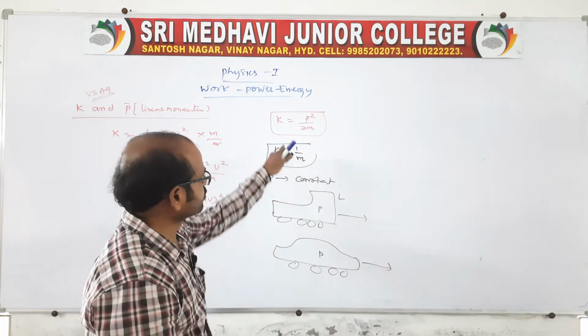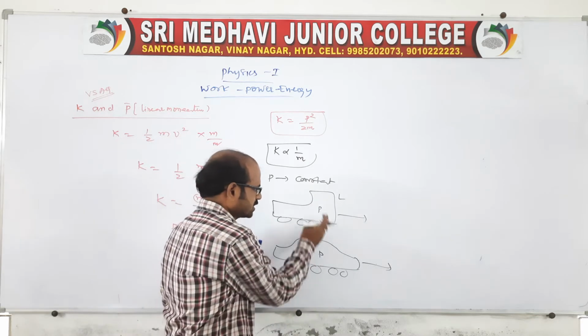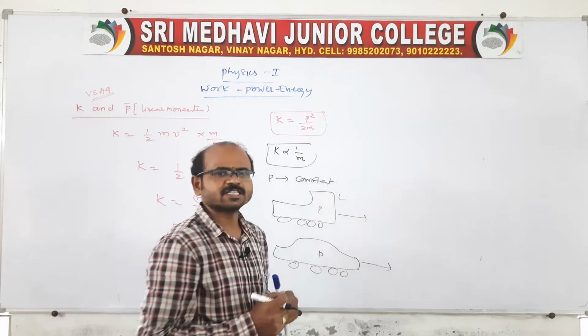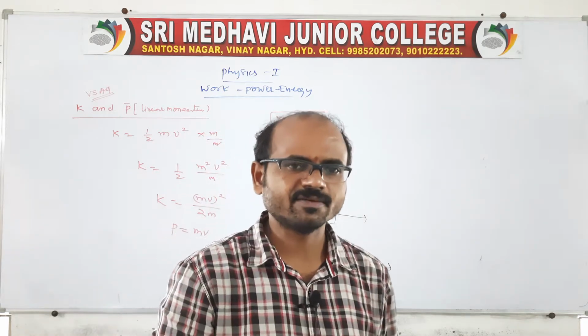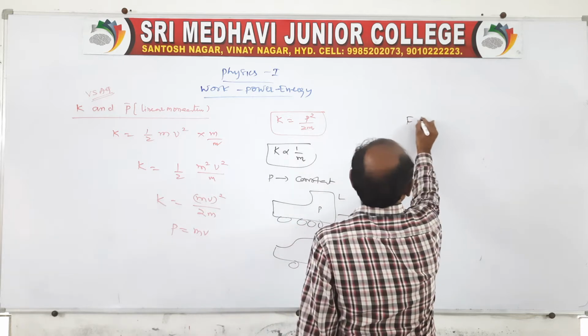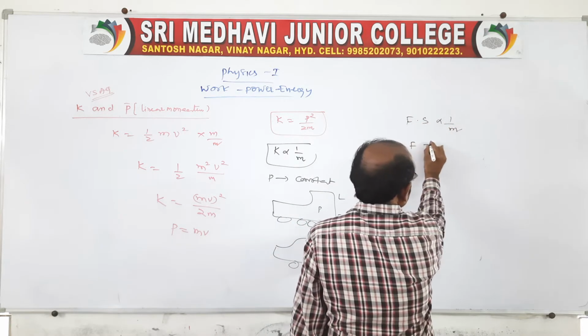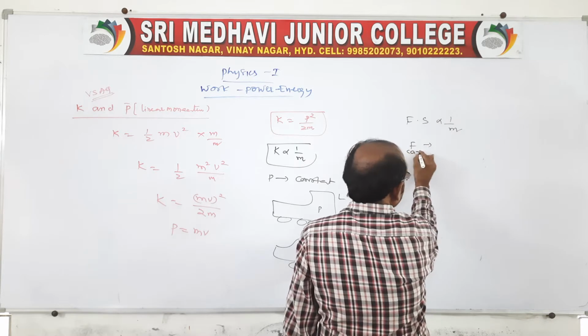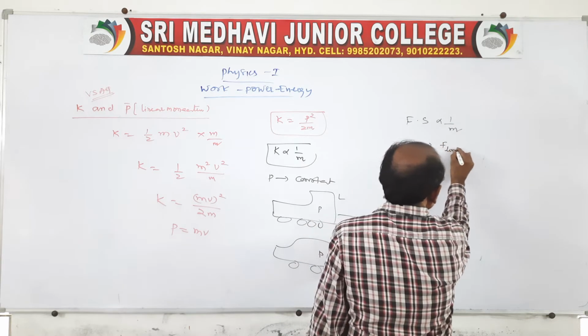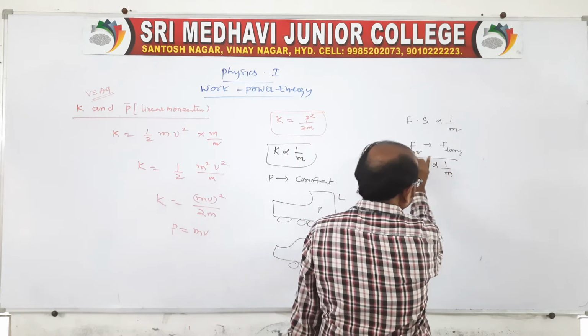Therefore, when a braking force is applied to both the car and the lorry, which travels more distance? We will ask you like this, because kinetic energy we can represent as F dot S, which is inversely proportional to mass. Both are applied the same force. Therefore, distance is inversely proportional to mass.